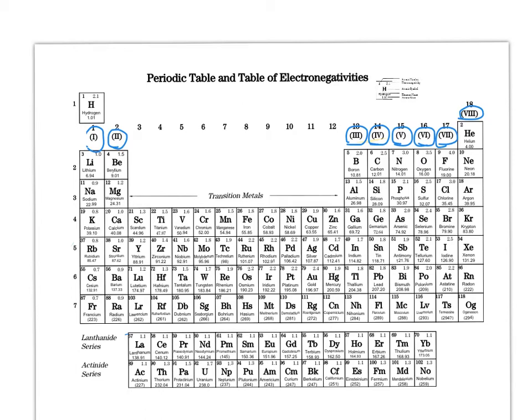What you can also do is look at the group number, except, like here, 1, 2 valence electrons. Over here to the right-hand side, you look at the last number of the group number, and that will tell you how many valence electrons. And that you subtract 10 for these 10 transition metals. So either way, you can get the number of valence electrons directly off of your periodic table.